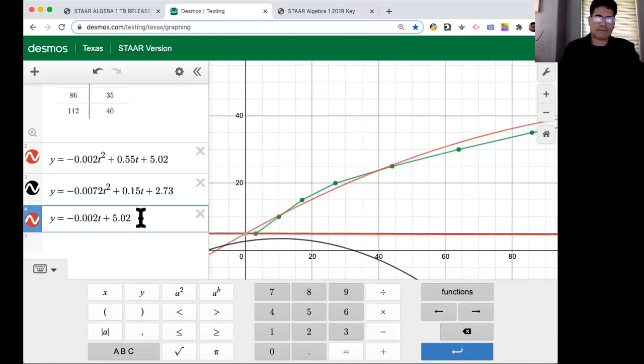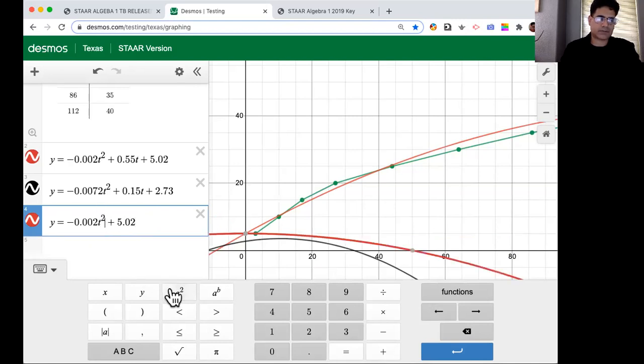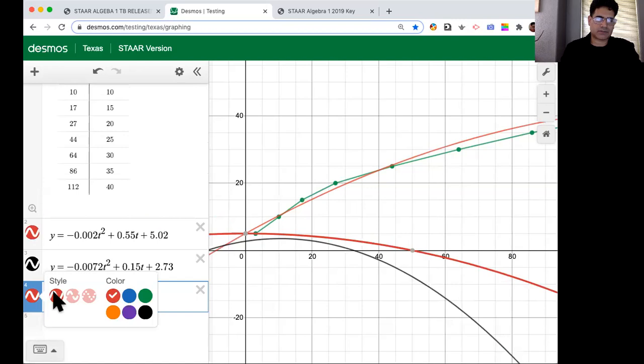Okay. All right. So that's that one. Y equals negative 0.002t squared. Okay. All right, so that's that one. And let's get a different color.